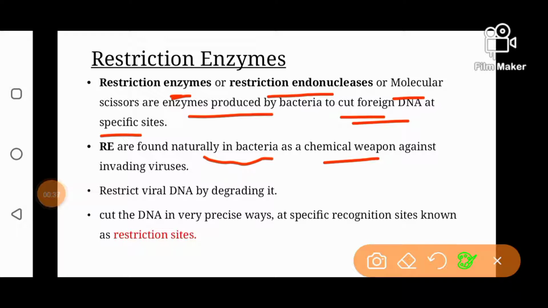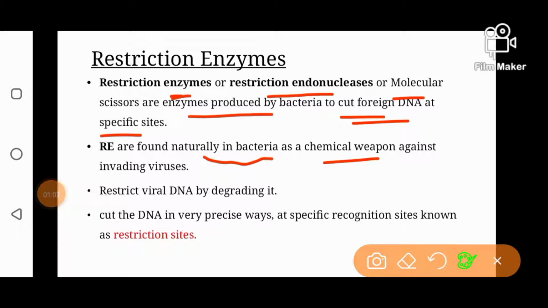Like if a bacterial cell is infected by viral DNA or by a virus, these enzymes prevent viral replication and save the bacterial cell from that virus. So we can say that restriction enzymes restrict foreign DNA or restrict the infection of bacterial cells by viruses.